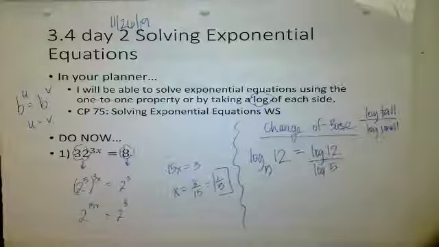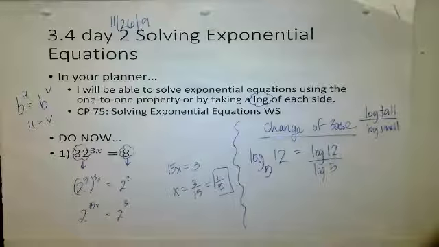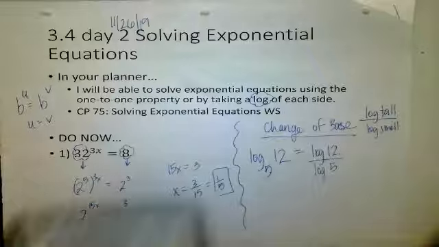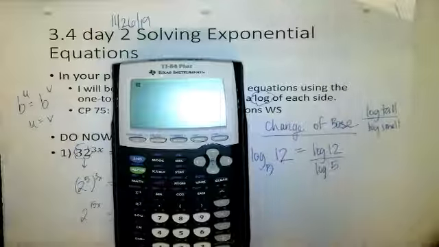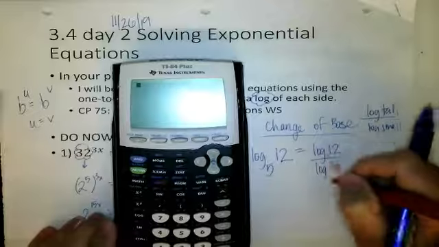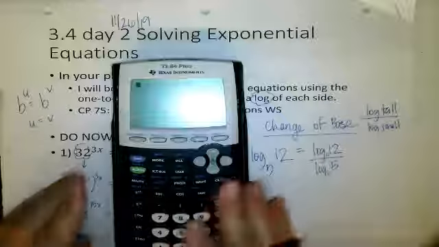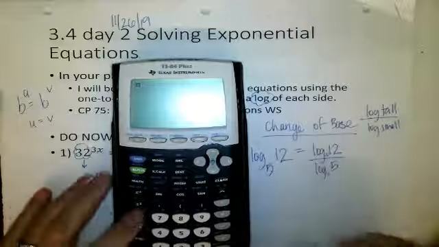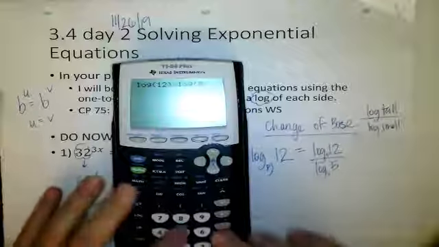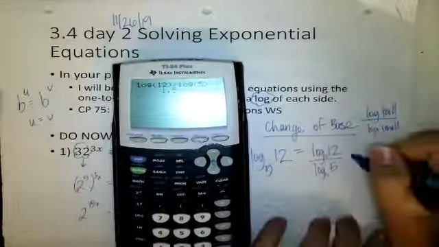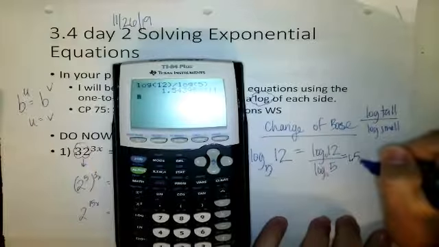If you plug that into your calculator, this is log base 10, which all of your calculators have. So log 12 divided by log 5 turns out to be 1.5439.